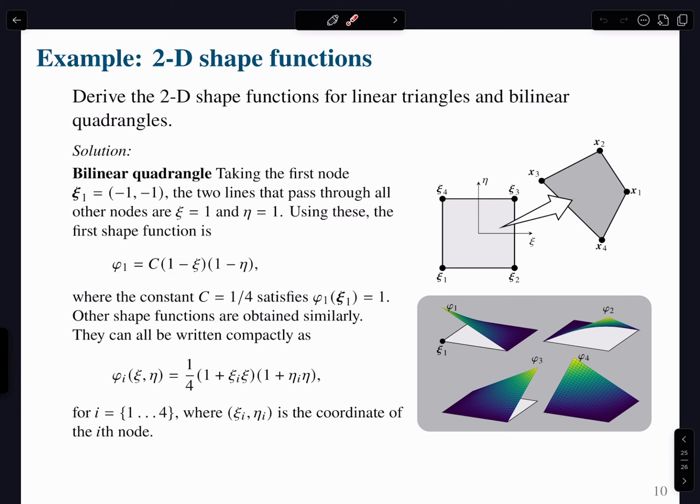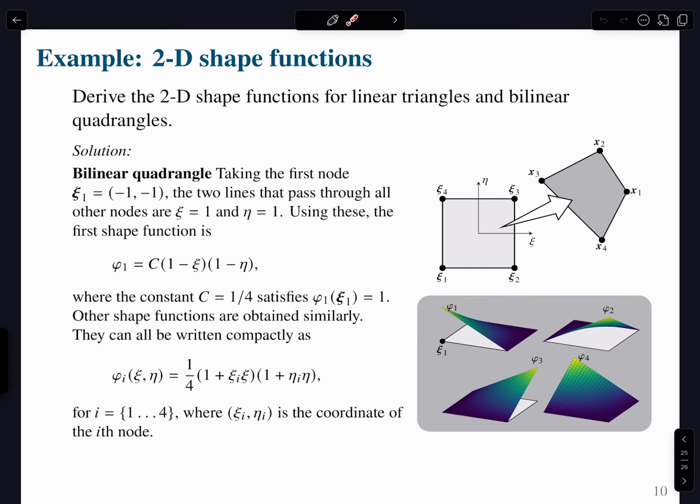But now when I want to go back, the inverse mapping is not so straightforward anymore. So normally, when we have this case, if for some reason, and there are situations where we actually need to find out what is the physical coordinate that corresponds to a given master element coordinate, then we have to solve a nonlinear equation.